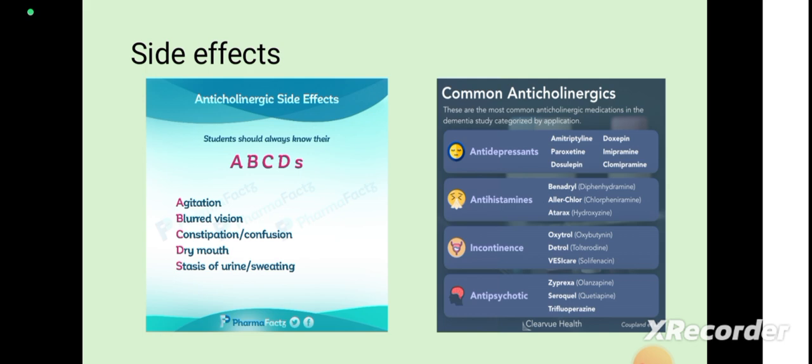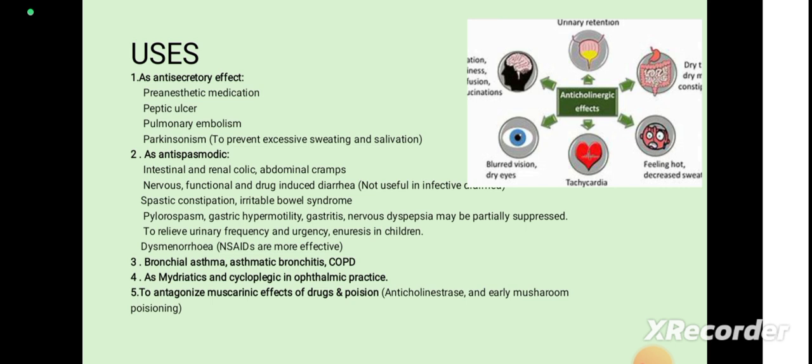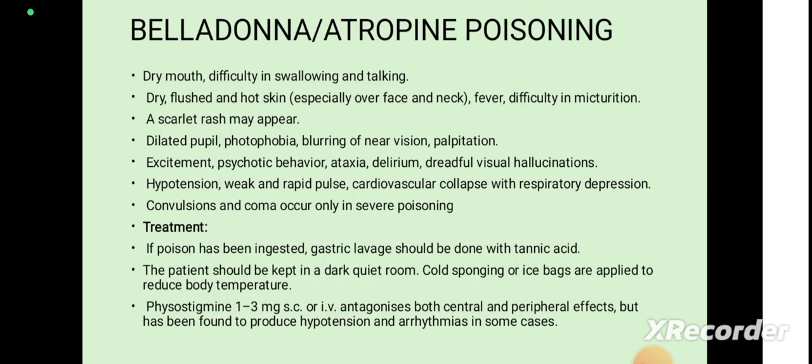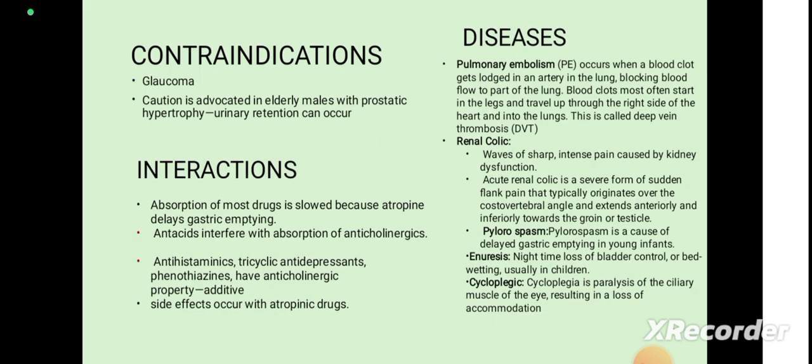We know the ABCDs. Then we have common anticholinergics. Then we have other uses. Then we have belladonna and atropine poisoning. Then the contraindications, interactions, and diseases related to it. So that was all about anticholinergic drugs.